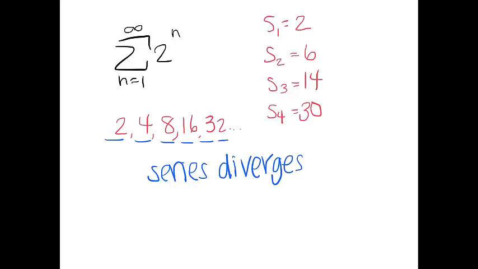So now you're saying, well, when does it ever not diverge? Let's take a look at an infinite geometric series that doesn't diverge. Now I generate the numbers in the sequence. I start with 4, and every number is going to get cut in half.